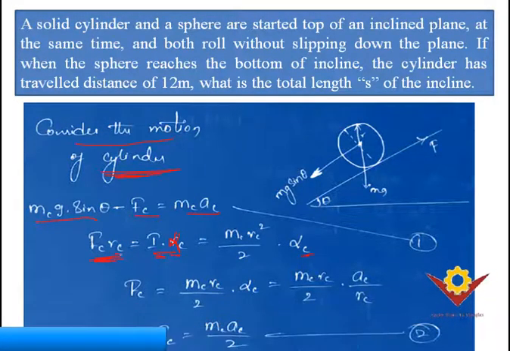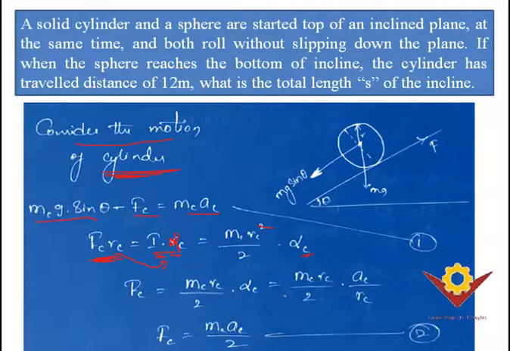If you bring this r to this side, the r will cancel with one r of the square, and you get mass into radius divided by 2 into alpha. You can write alpha, the angular acceleration, as linear acceleration divided by the radius. Cancelling the two radii, you get mass into acceleration divided by 2.